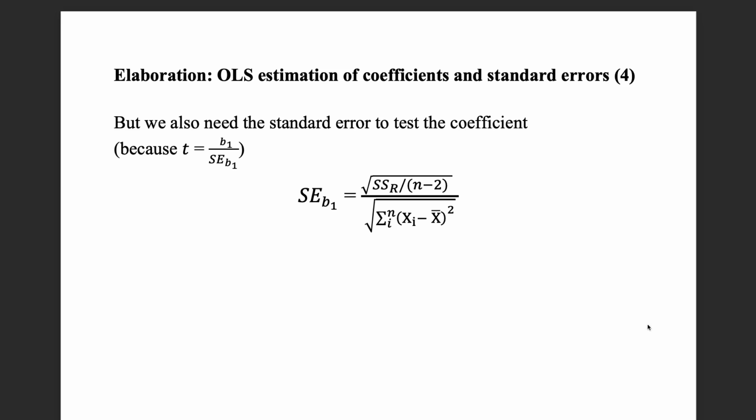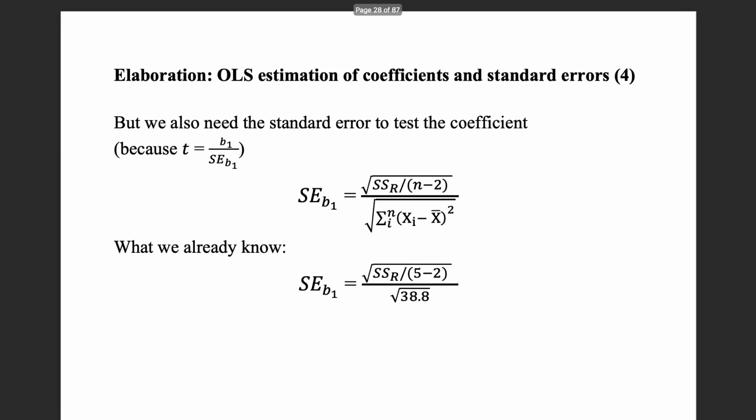It takes the residual sum of squares, SSR, divides that by n minus 2, and we take the square root of the resulting value, and we divide that by the square root of the sum of squared deviation scores in our independent variable. So there are squares and square roots and fractions, but it's still a somewhat manageable formula, even if you're not super strong in mathematics.